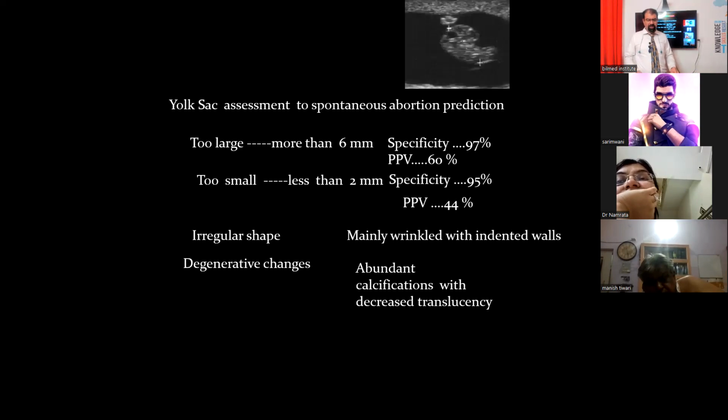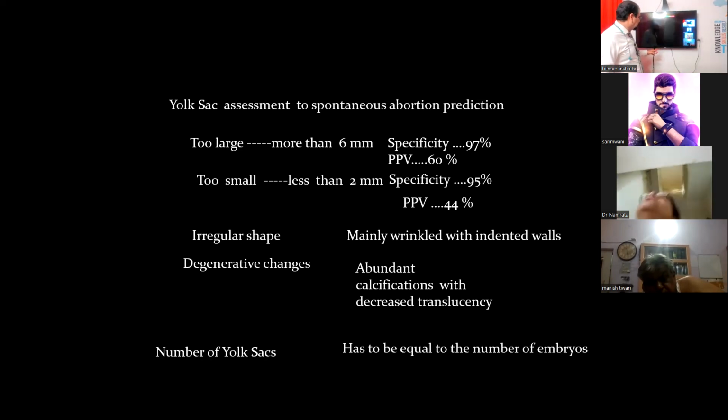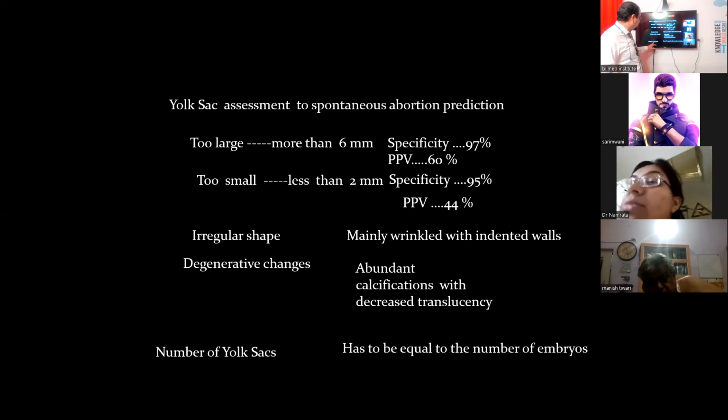If you are able to put a Doppler, and before Doppler, the number of yolk sacs: if you have more than one yolk sac, if you have 2 yolk sacs, it means that you have to search for the second fetal pole also.